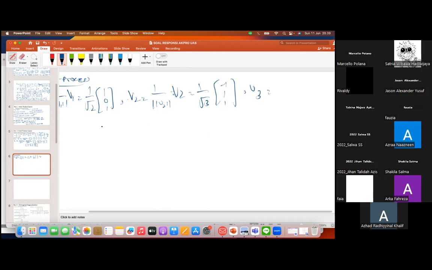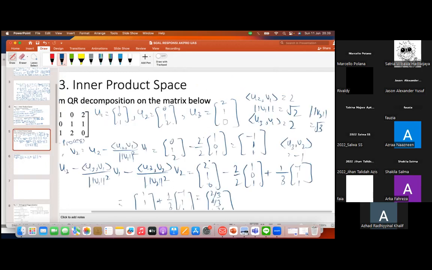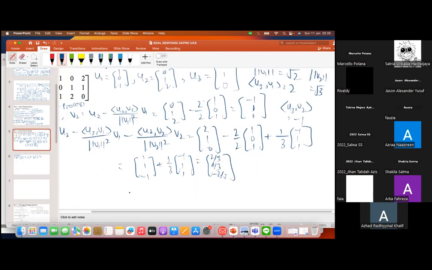V3 equals, what is the length of V3? The length of V3 is 1 over 3 times the square root of 4 plus 16 plus 4, which is root 24 over 3. And this is the same as 2 root 6 over 3.